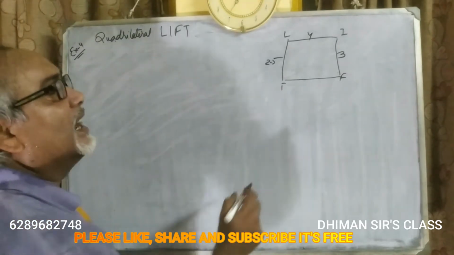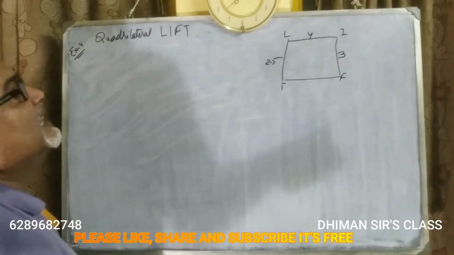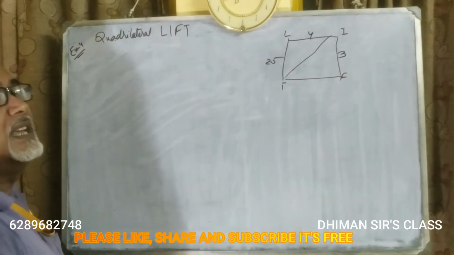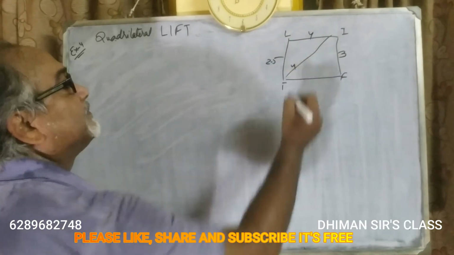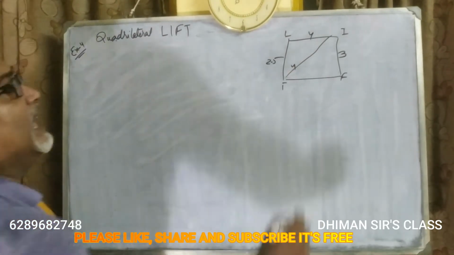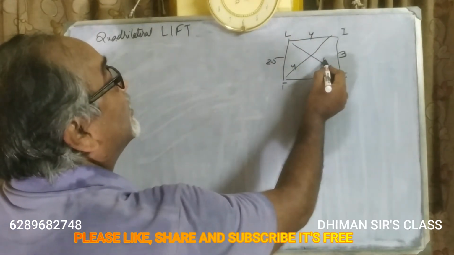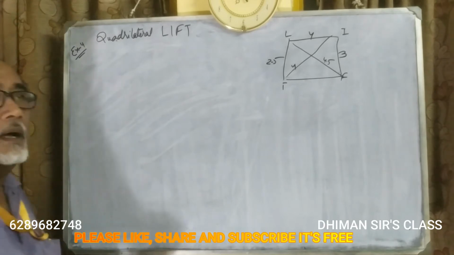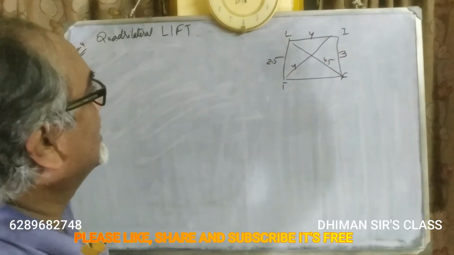Let the diagonals be TI, TI being 4 centimeter, and LF 4.5 centimeter. Clear, students? So this much is given to us.